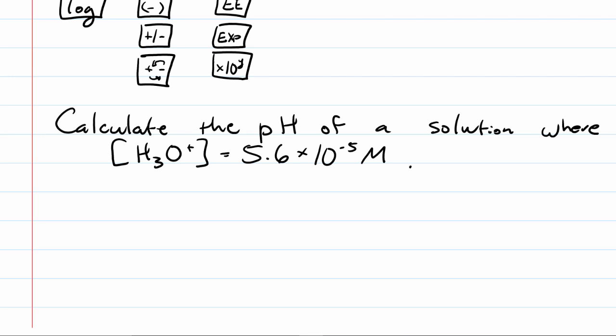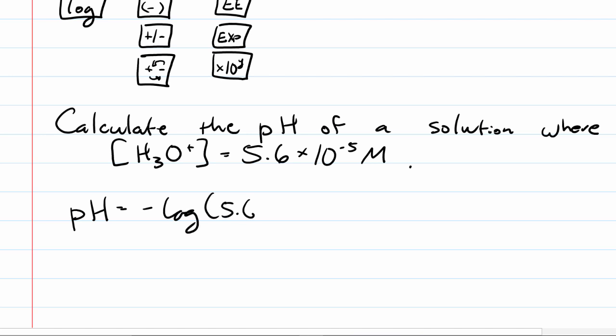So to do this one, we start off with our formula, which says the pH is equal to the negative logarithm of 5.6 times 10 to the negative 5th.